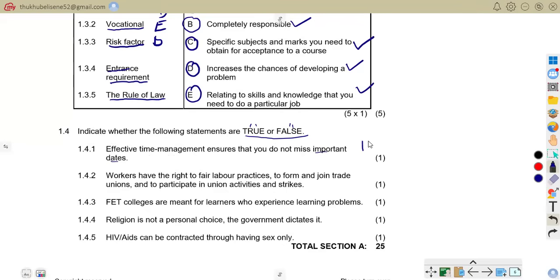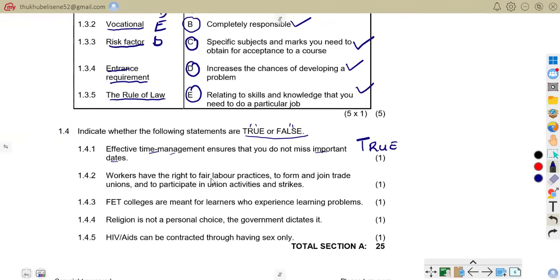So that is true. Effective time management is going to enable you not to miss important dates. We are talking about time management.